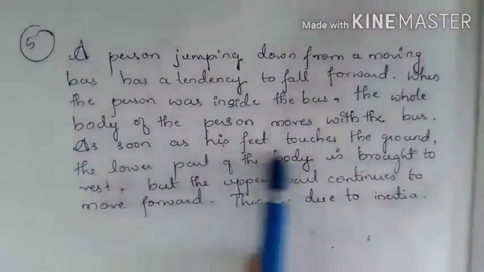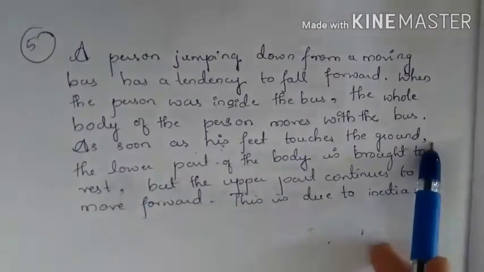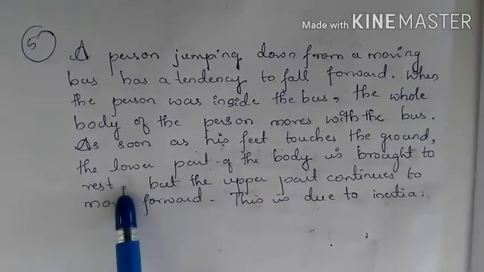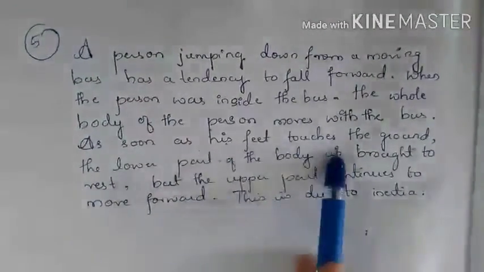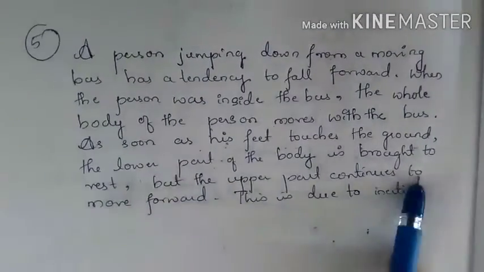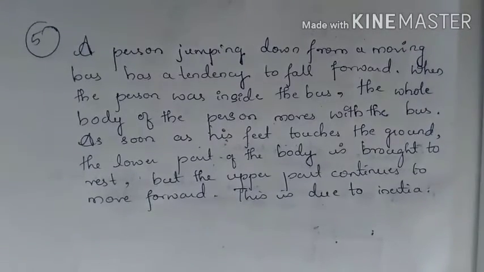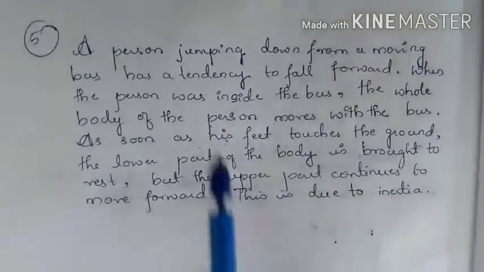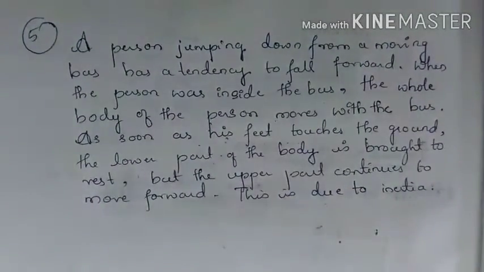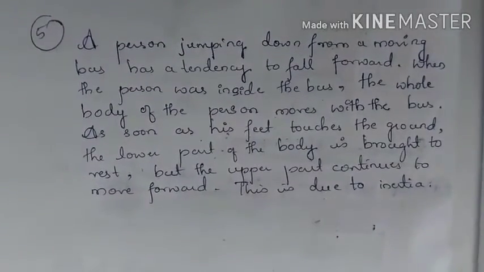So when this person jumps, and his feet touch the ground, the lower part of the body is brought to rest, but the upper part will try to be in motion, because of that he has a tendency to fall. So this is again due to inertia. These are a few examples for inertia.